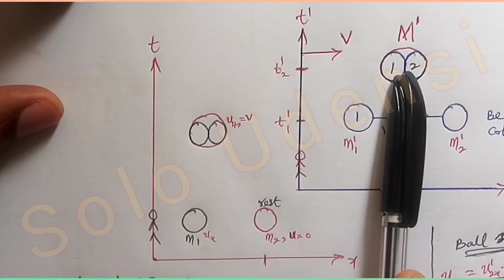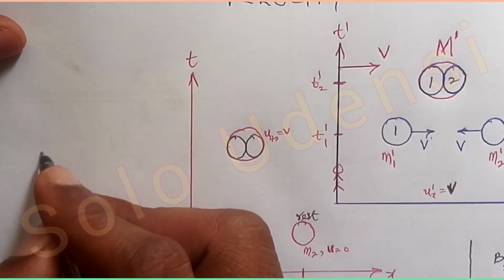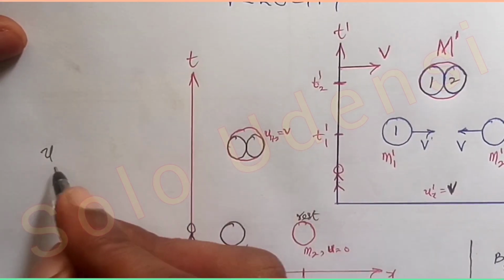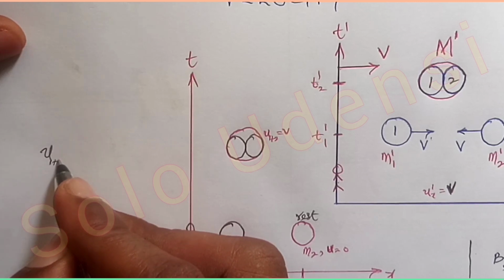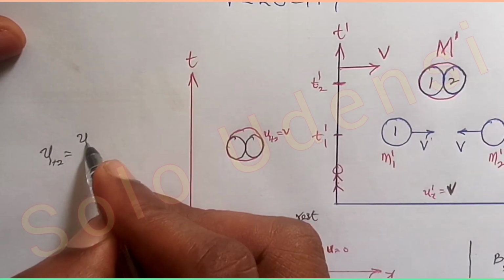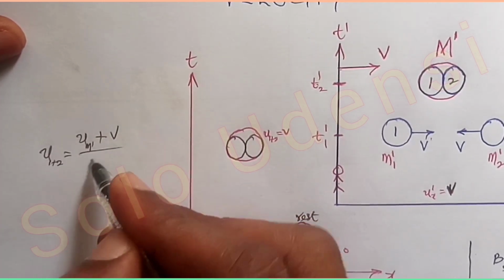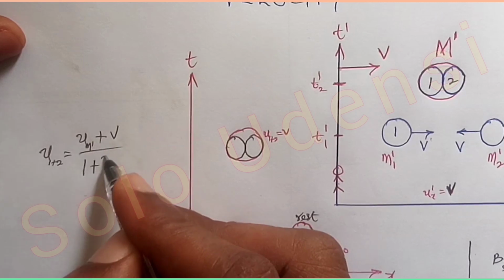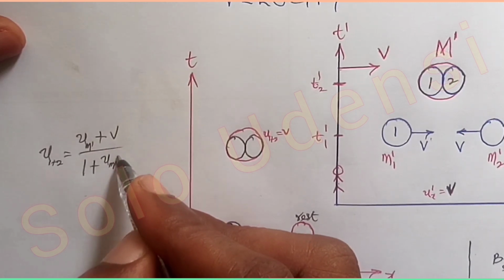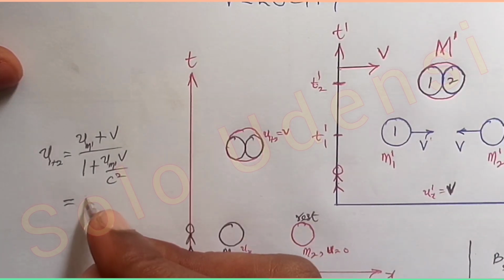Also, this one is at rest here, so he will see for this combined mass, u big M prime plus v all over 1 plus u big M prime v over c squared. This one is 0, it's not moving.